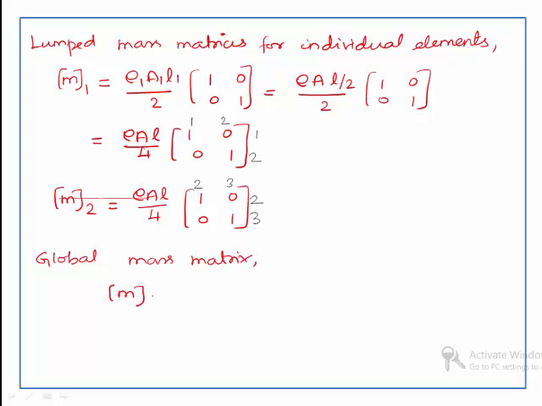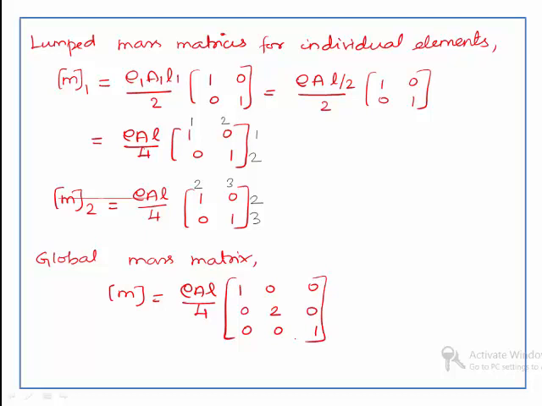M is equal to rho A L by 4 times [1 0 0; 0 2 0; 0 0 1].